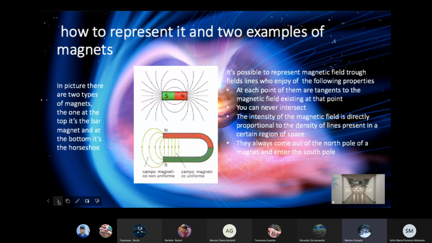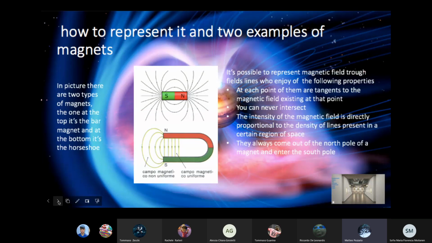How to represent them, and two examples of magnets. In the picture there are two types of magnets. The one at the top is the bar magnet, and the one at the bottom is the horseshoe. It's possible to represent magnetic fields through field lines, which have the following properties. At each point they are tangent to the magnetic field existing at that point.